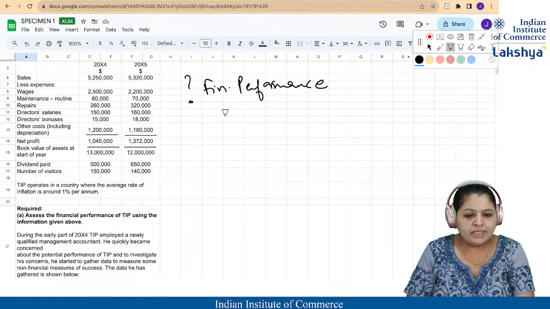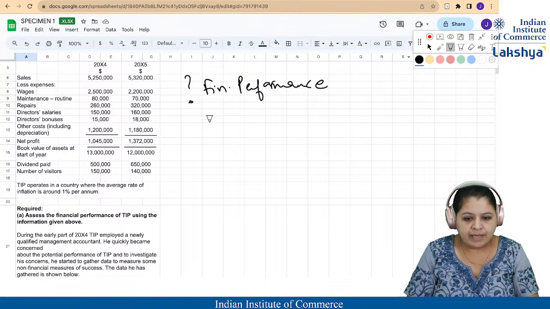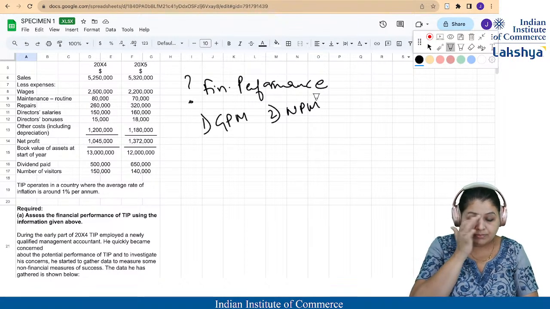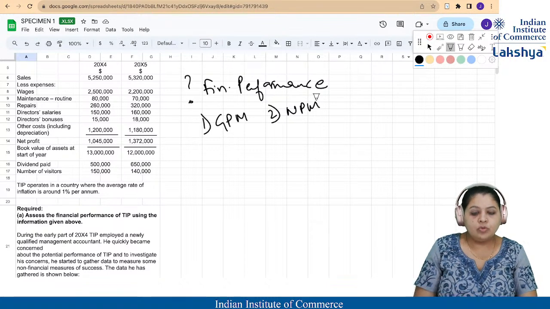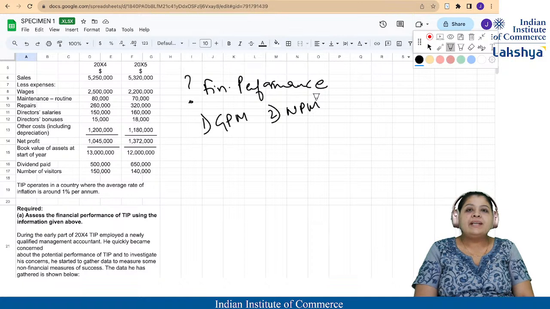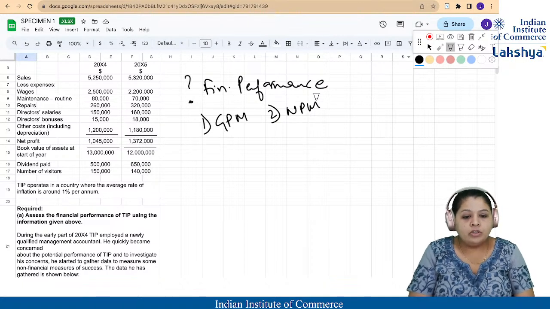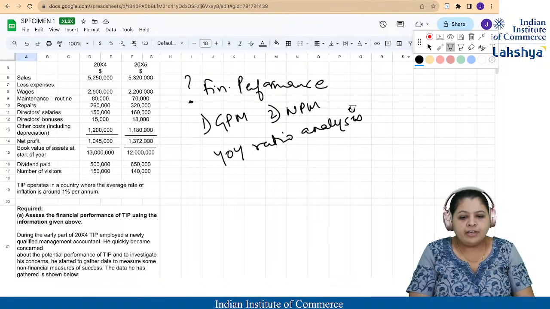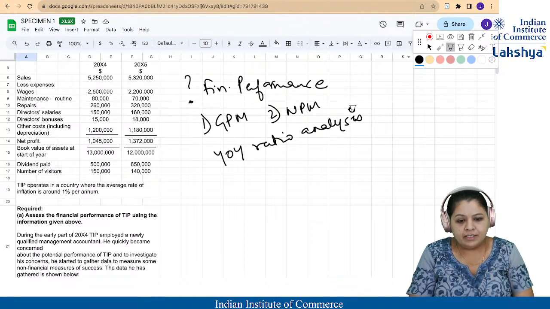So normally students' instinct works in this manner that they will be finding the gross profit margin, the net profit margin, right? And then they would just zoom out. They would just forget what else to put. So if you are in a situation like that, you need to do a year-on-year ratio analysis, right? And try to figure out why that is an increase or decrease.